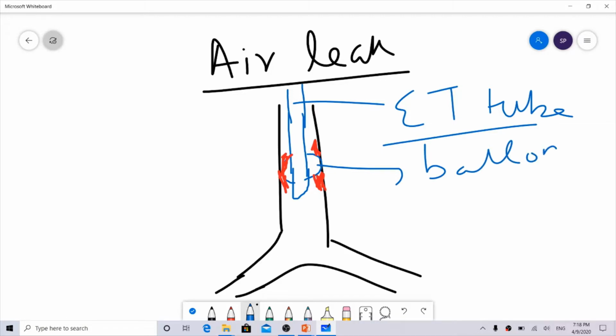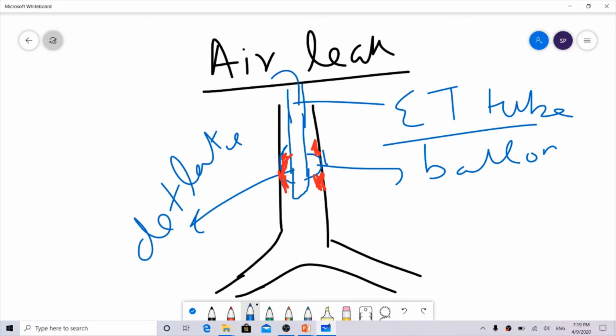The ET tube rubs on the membrane of the trachea, and some sort of inflammation occurs over here. So what does an air leak mean? In an air leak test, first we deflate the balloon, and we put a higher pressure.